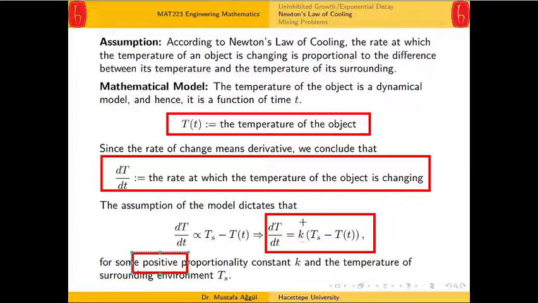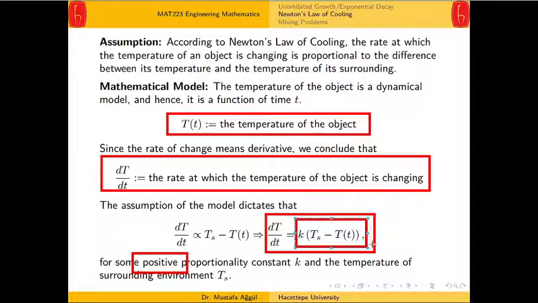Negative times positive will be a negative number here. Then dT/dt has to be negative. So this means the temperature of the object is decreasing. Is it really the case? The answer is yes, because if the temperature of the object is higher than the temperature of the environment, then its temperature has to decrease, right? This is what we really expect.